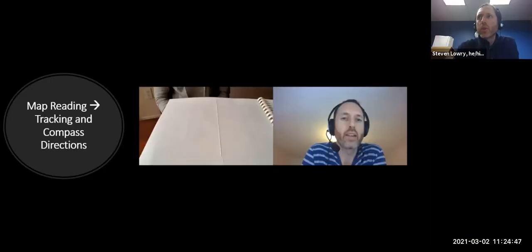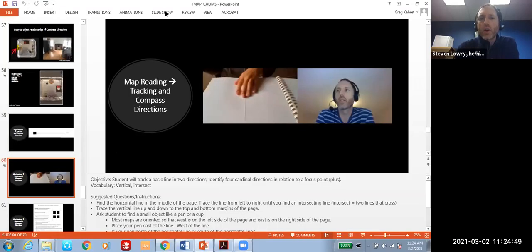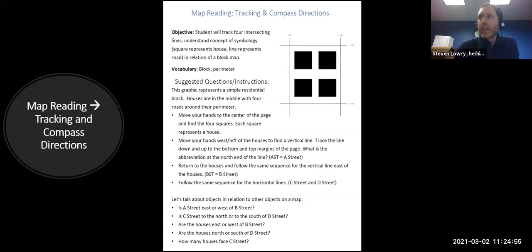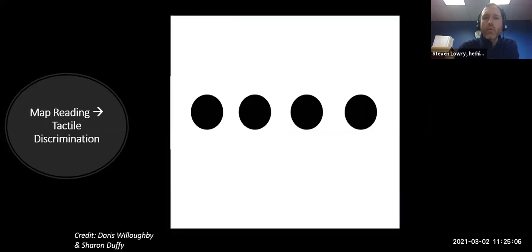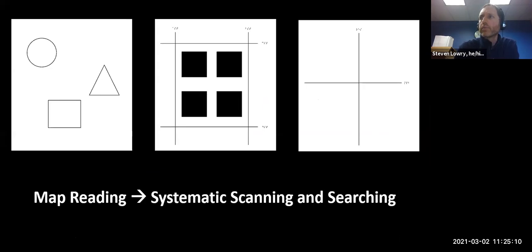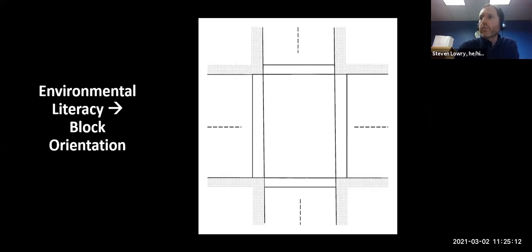But in the interest of time, I want to move forward to a couple of graphics that show how we can apply some of these concepts of symbology and directionality and reading a key into applying some actual O&M skills to these tactile graphics. So let's keep going one more, a couple more, Greg, actually. And one more after that.